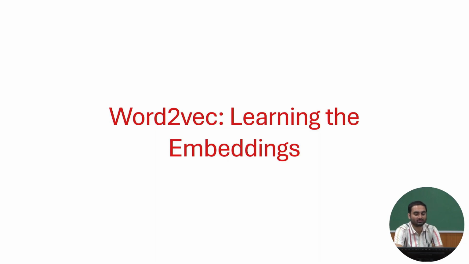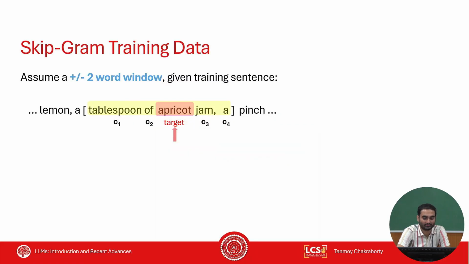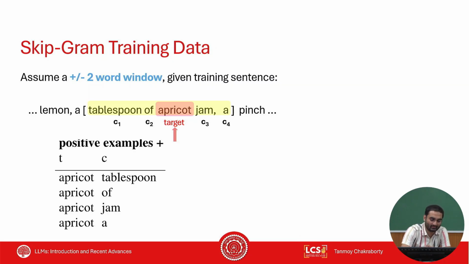Now let's look at the training process of Word2Vec. At every context window I have a target and multiple contexts. In this case, apricot and tablespoon, apricot and of, apricot jam, apricot a, these are positive instances.